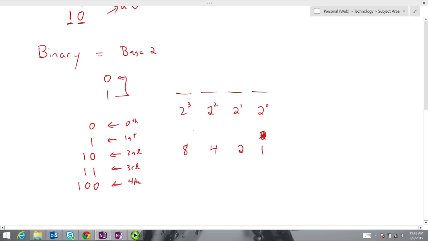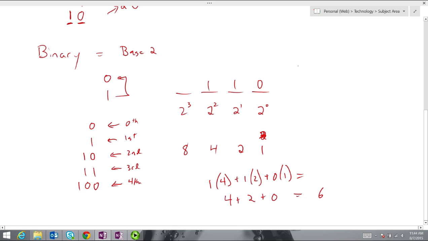So that means that if I wanted to represent a number like 1, 1, 0, I would take, again, same way, 1 of the 4s. So this would be 1 times 4 plus 1 times 2 plus 0 times 1, which would equal 4 plus 2 plus 0, which equals 6.